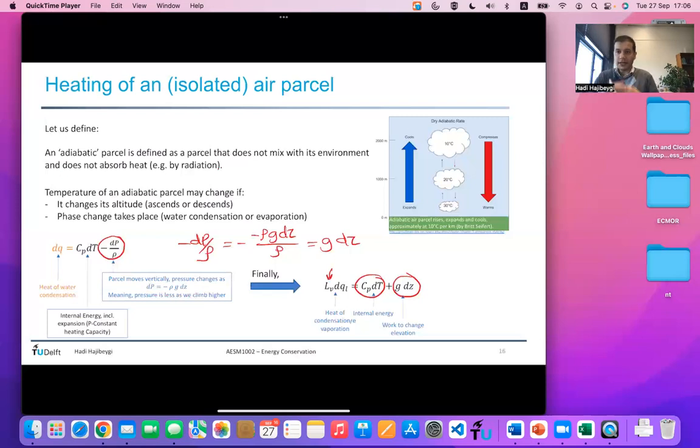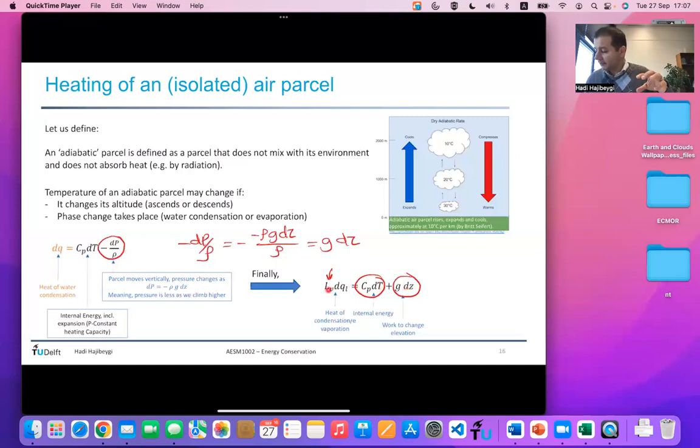Because when I condense it, I release energy. That energy can increase my delta T, if you see it in here. If I can show my pointer, yes. So imagine my condensation would release this much energy. That energy would cause change of temperature if, for example, the elevation would stay the same.